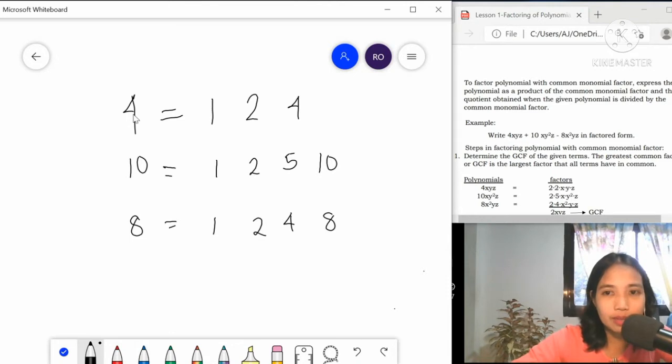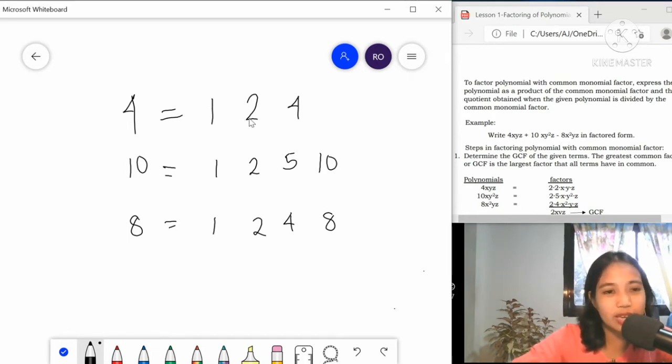So as you can see here, very obvious, makikita na agad natin na ang 4, 10, at 8 ay pare-parehas na merong 1 at pare-parehas merong 2. Ito yung tinatawag nating common factors. Kaya lang, hinahanap natin ay GCF or greatest common factor. At remember, etong dapat nyong tandaan, ang 1 ay never na gagawin yung GCF.